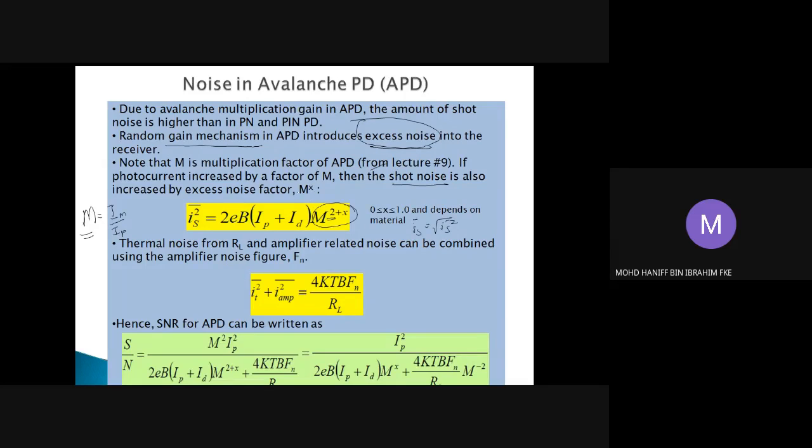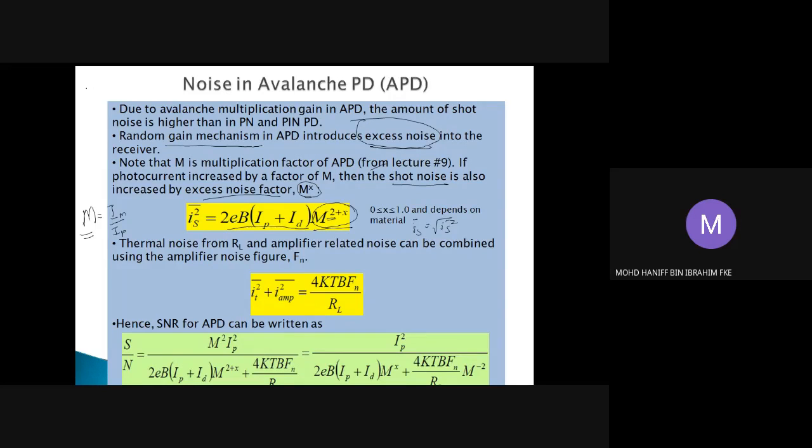In addition we have the excess noise factor, which is written as M^x. That is why the shot noise current is given by 2eB(I_P + I_D) multiplied by M^(2+x).